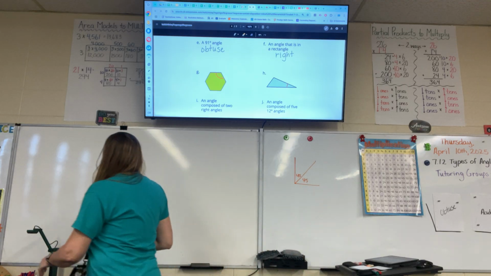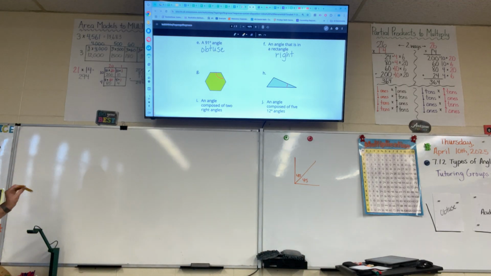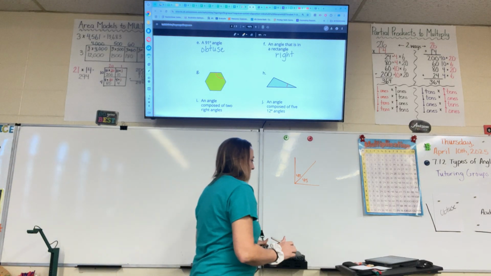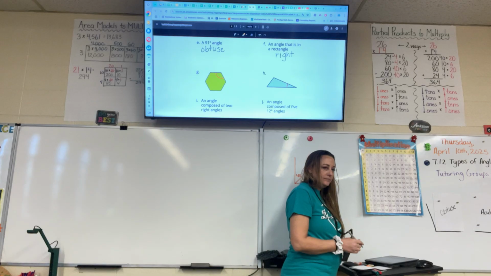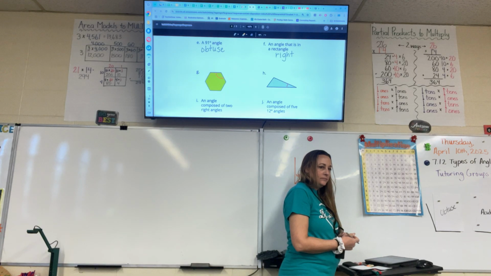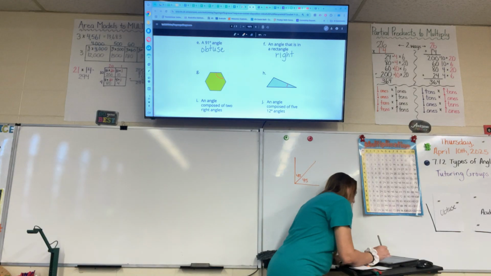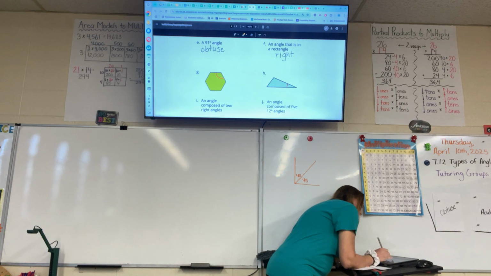Okay, what kind of angle is G, Evan? See how wide it is? It's like wide. So it is an obtuse angle.